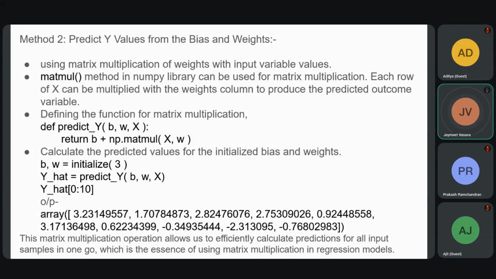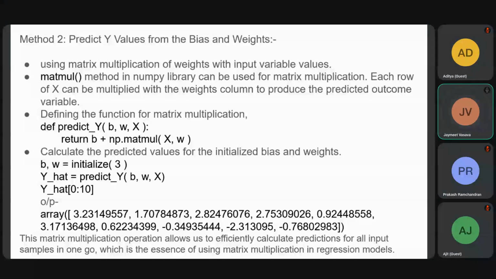So calculate the predicted values of the initialized bias and weights. The predicted values, which in the mathematical equation we denoted by y hat, we'll save in a variable y hat.